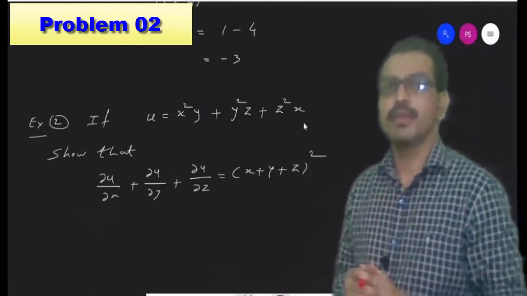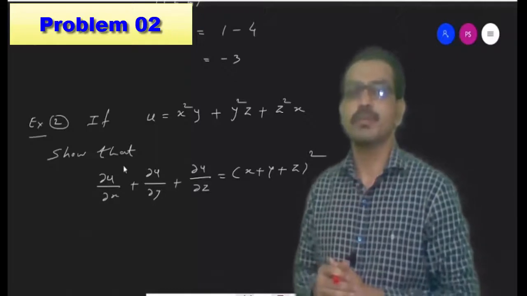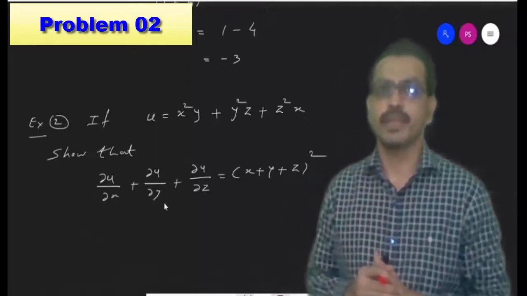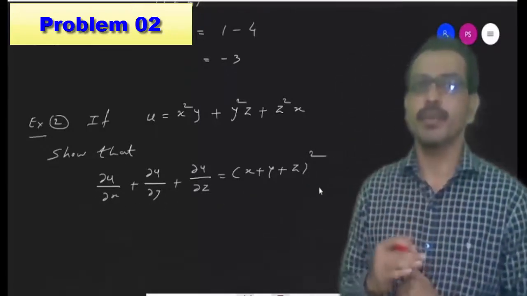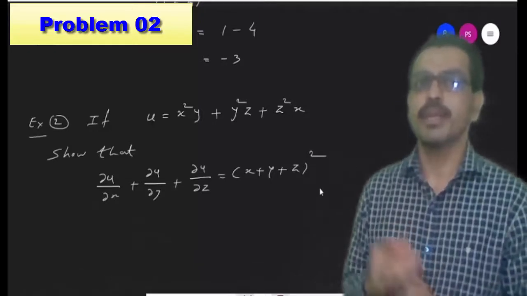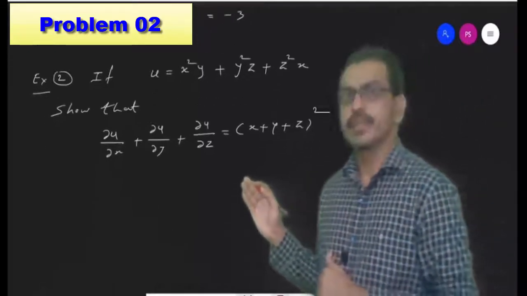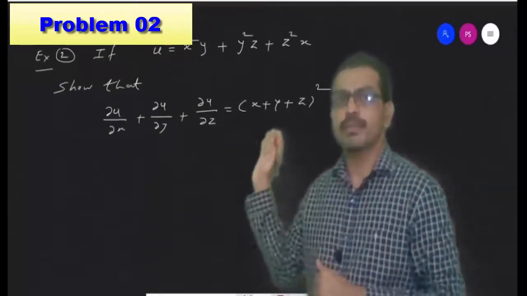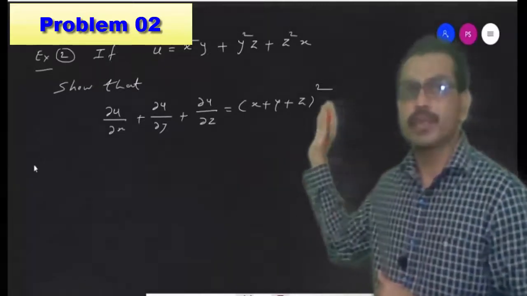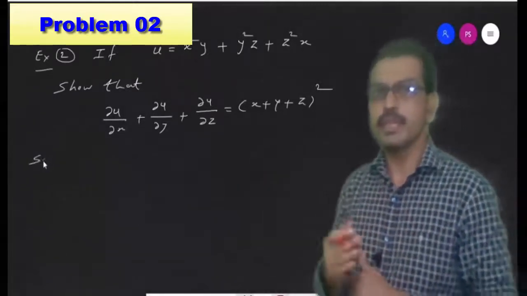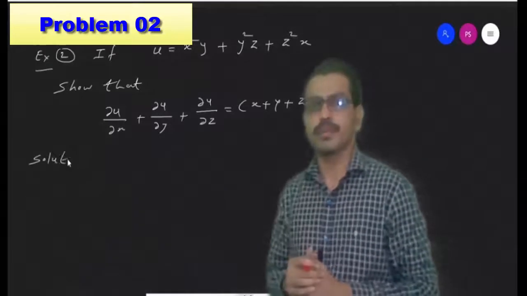Here the given function u is a function of three variables x, y and z, and we have to show that ∂u/∂x + ∂u/∂y + ∂u/∂z is equal to (x + y + z)². Let us see the solution of this problem.